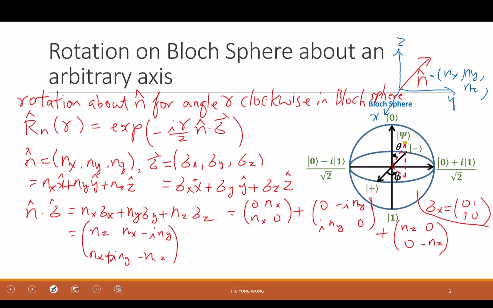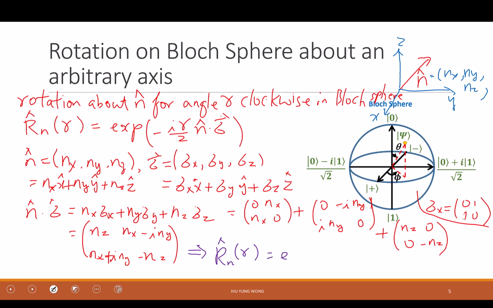So this is a rotation. Eventually, what does it mean? Again, why is rotation important? Because rotation about the Bloch sphere helps you to implement the gate. If you know how you rotate, how to get the final state from the full rotation, then you can use this to construct the gate.